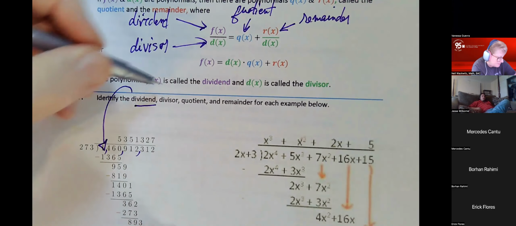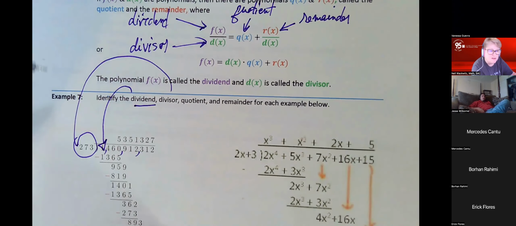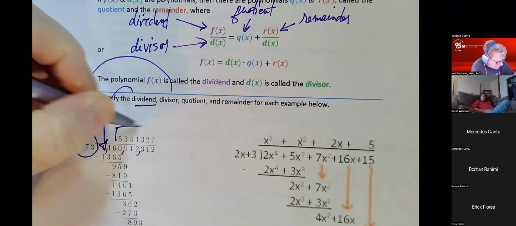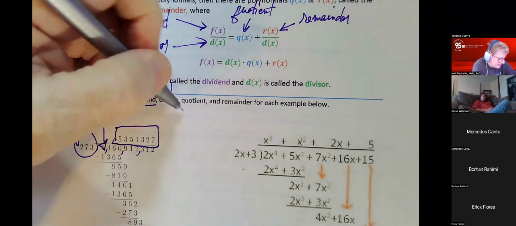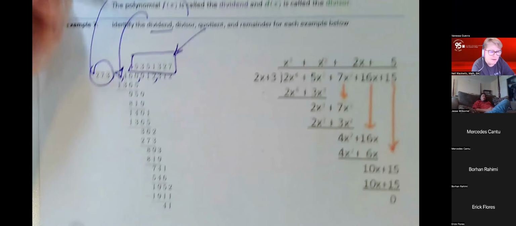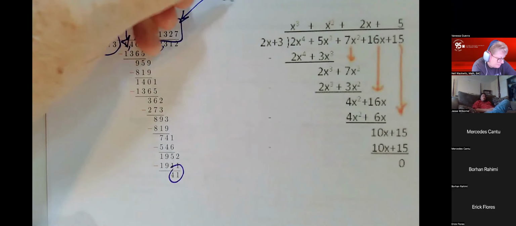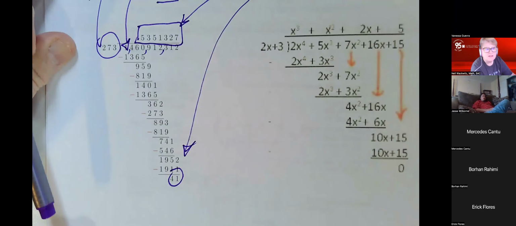The number doing the dividing is the divisor. The whole number part of the answer is the quotient, and the remainder is the number that is left.